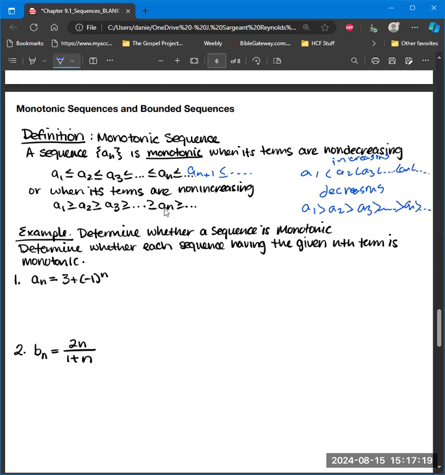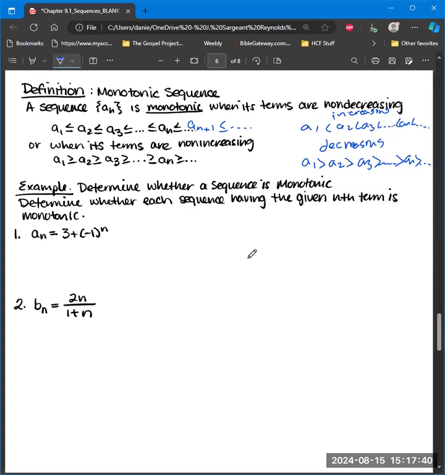It's like that. One of the ways to figure this out is going to be with derivatives and to see if the derivative is always positive or always negative. If we're dealing with the non-strict case, the derivative is allowed to be 0, where consecutive terms are going to be equal to one another, and so on.